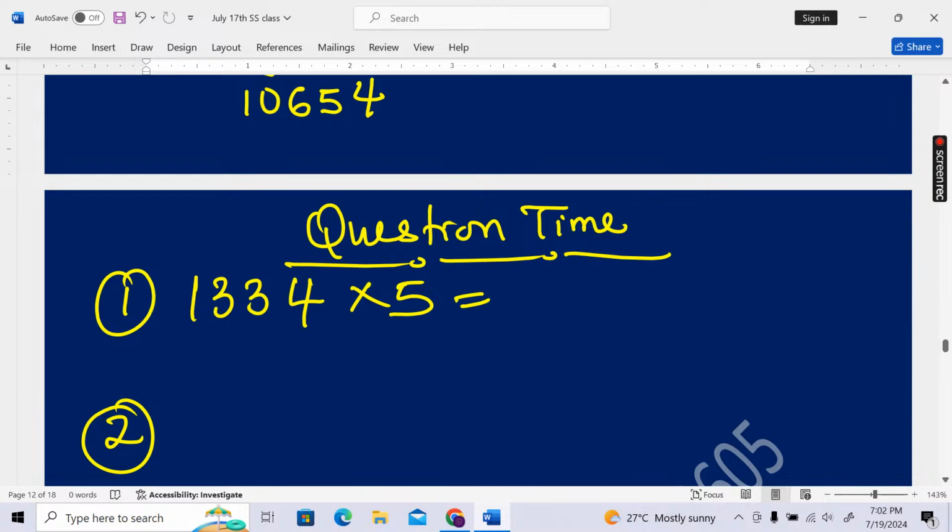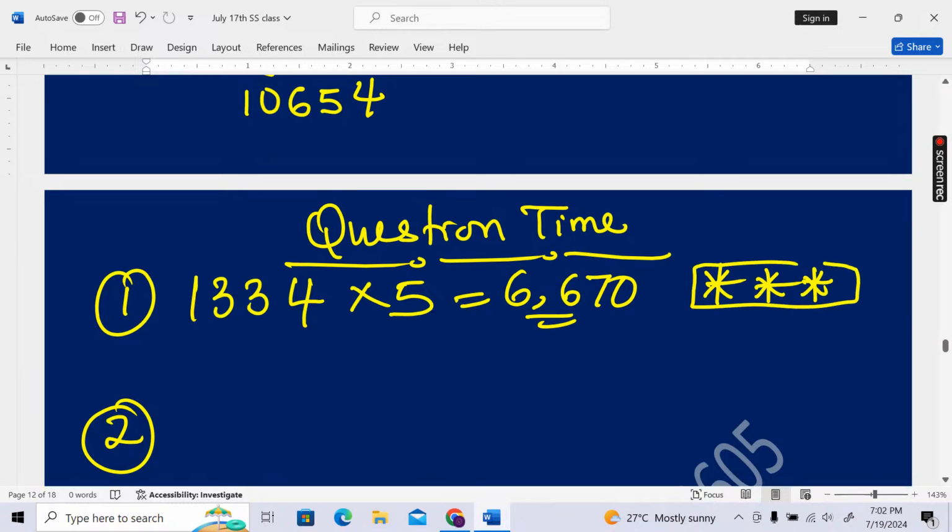All right, so 1334 times 5 is equal to 6670. If this was the answer that you typed, give yourself 3 stars.